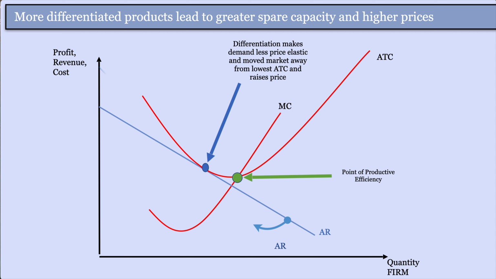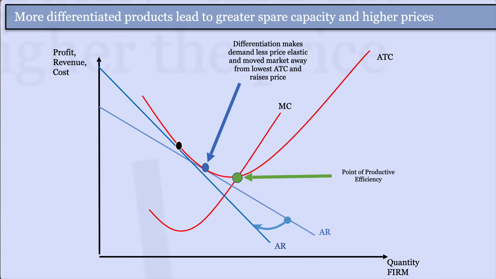But if you have a more differentiated product, then the demand curve shifts around, and so your equilibrium would be up here. So the more differentiated your product is, you move onto this demand curve here, and so you have a higher price and more spare capacity. Remember the distance between here and this new equilibrium here.